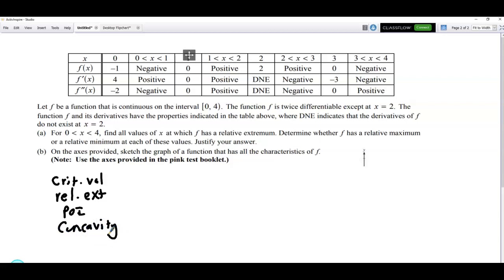All of them you get 1 point for an answer and 1 point for an explanation. That's how they all work.